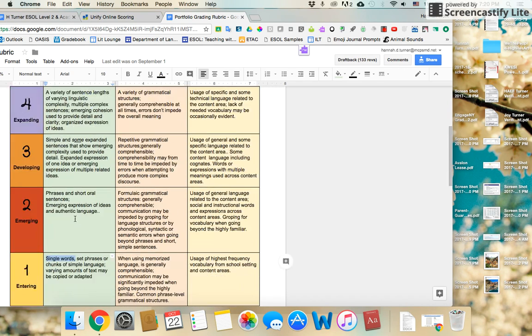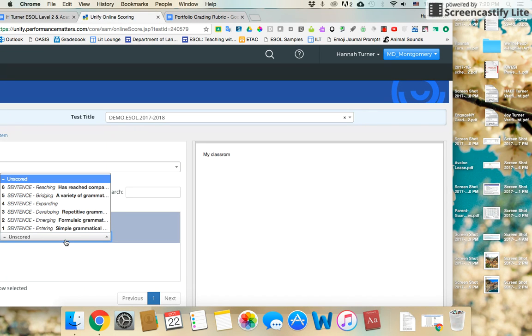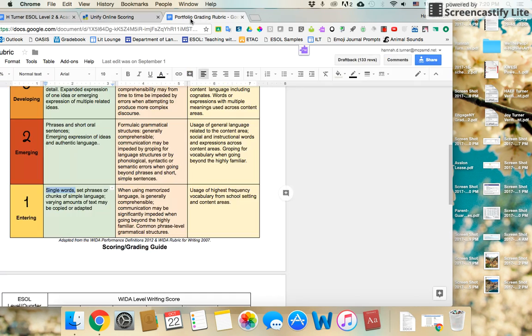Finally, let's look at the sentences. What level would you say these sentences are? If you chose level 1, you are correct. We can see that this student began to write a sentence, but did not completely do so.